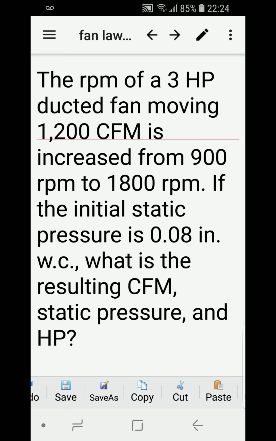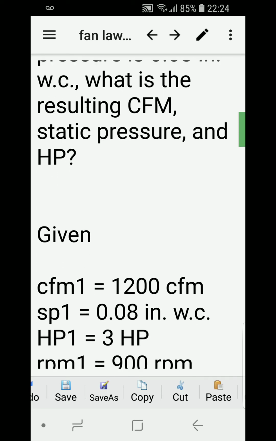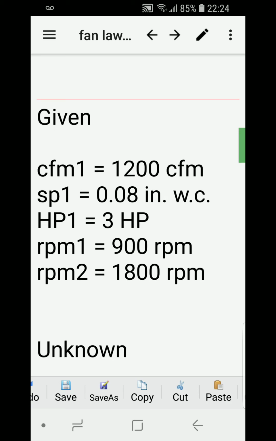So we see here that we've got a fan wherein the speed is doubled from 900 to 1800. So we have the given: CFM1 is 1200 CFM, static pressure 1 is 0.08 inch water column, horsepower 1 is 3 horsepower.